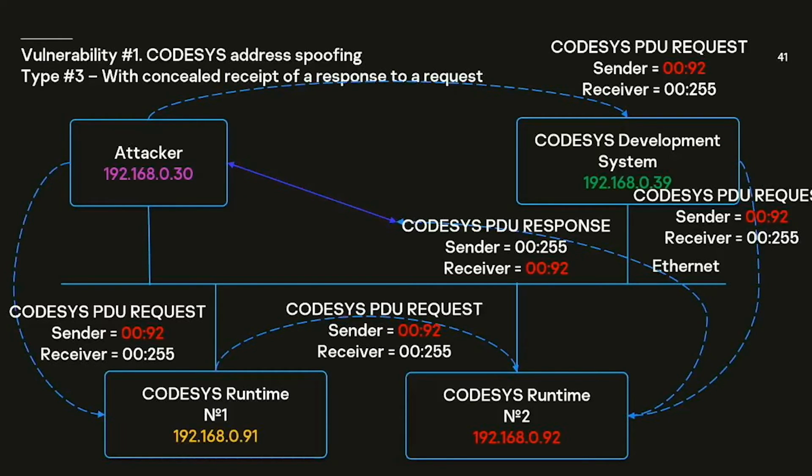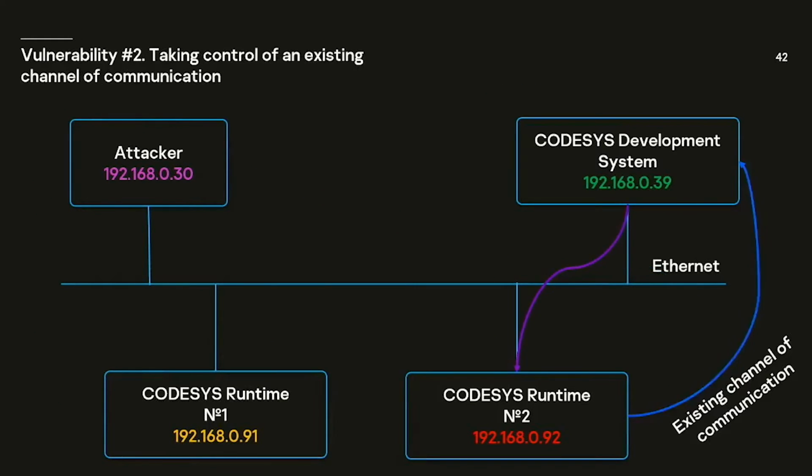So from the point of view of the victim node, he thinks that the broadcast address connected to him, requested an open channel, and started the communication. That's very funny.